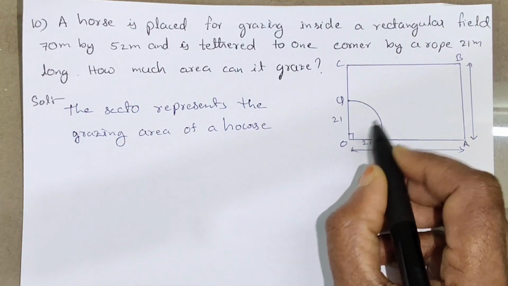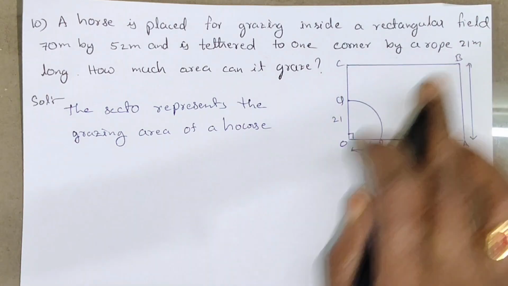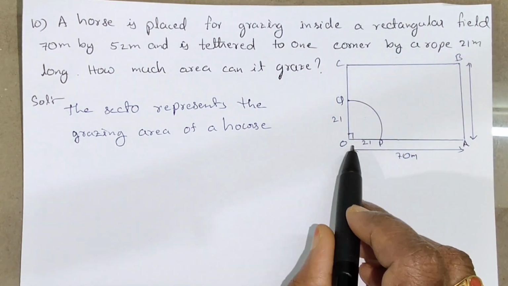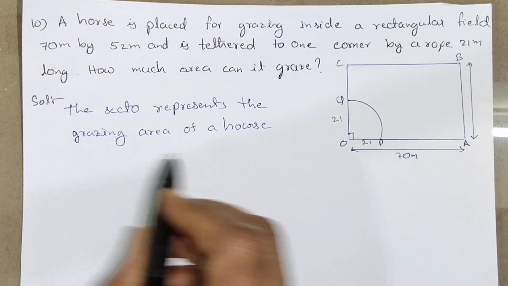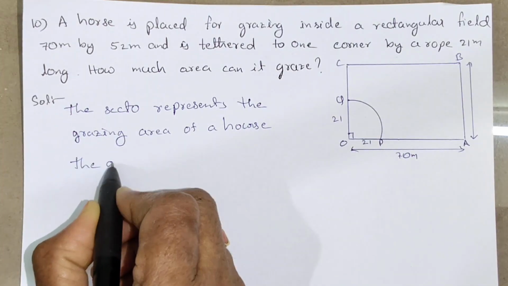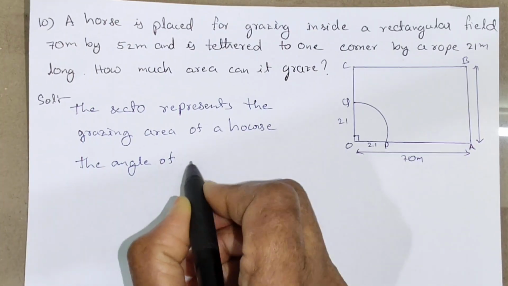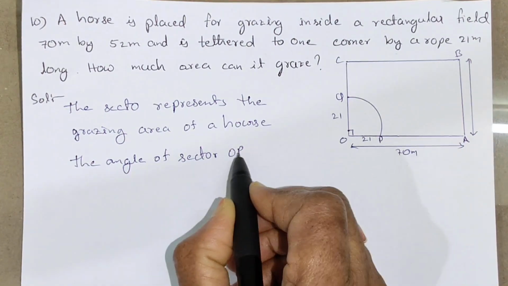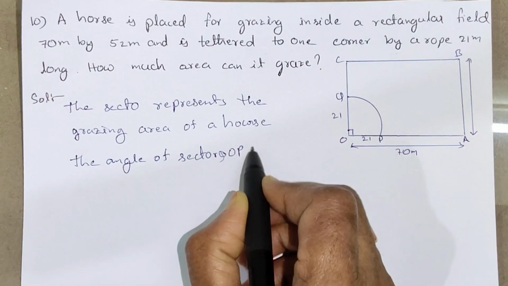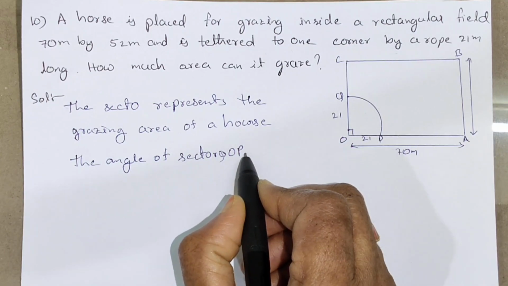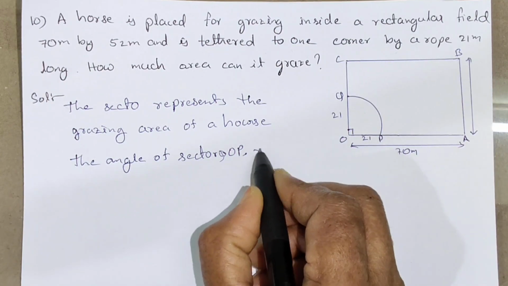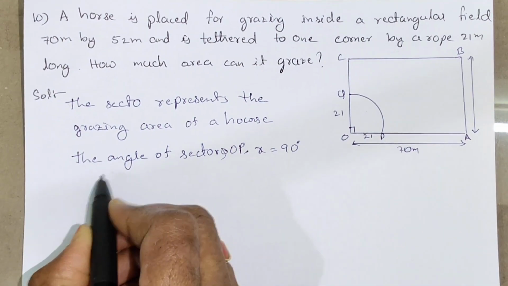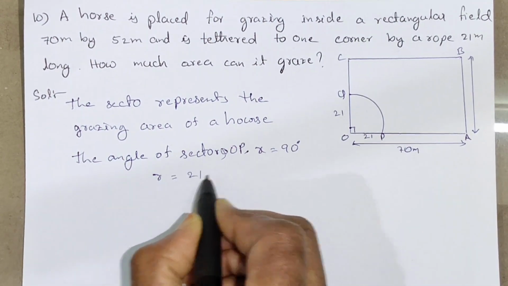Now this is a rectangular field, and a rectangular field means the angle is 90 degrees. So the angle of sector QOP, x equals 90 degrees, or angle O equals 90 degrees. The radius r equals 21 meters.